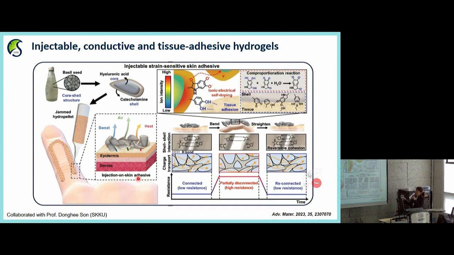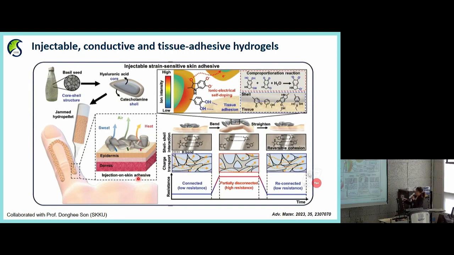So when we make the granular structure, we can get the adhesive characteristics from this shell, and we can also make the hydrogel, and this shell also has conductivity through the oxidation-reduction reaction. That is simply the oxidation and reduction properties of the catechol materials.